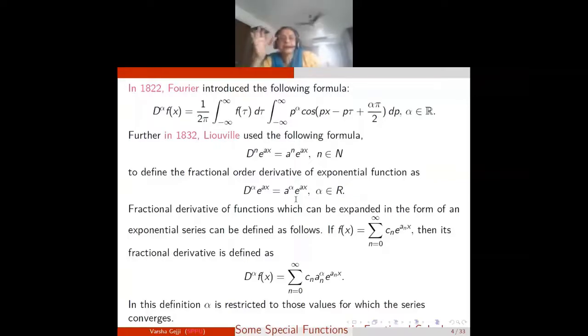And for that, Liouville's definition includes integration from minus infinity to x. And we will come subsequently to Riemann's definition, which is on a finite interval. And after these two developments, what you find today is the Riemann-Liouville derivative, which is on a finite interval.